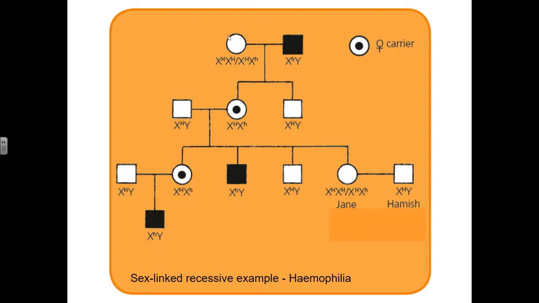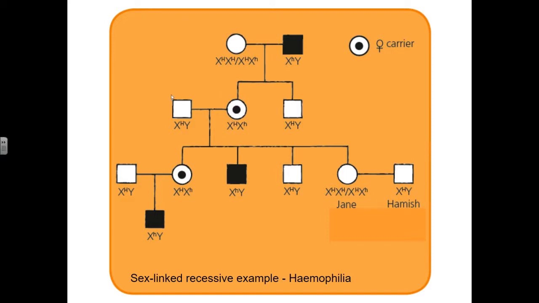This individual could, by its phenotype, either be a carrier, so X with a big H, X with a small h, or phenotypically and genotypically normal, so X with a big H, X with a big H. When they form a male, the male passes on his Y, and we can see in this example the female must have passed on a normal X rather than the possible carrier one here, because the male is fine. They make a daughter, however, who is a carrier, so the male passed on his negative X, his bad X, and the female passed on her good X.